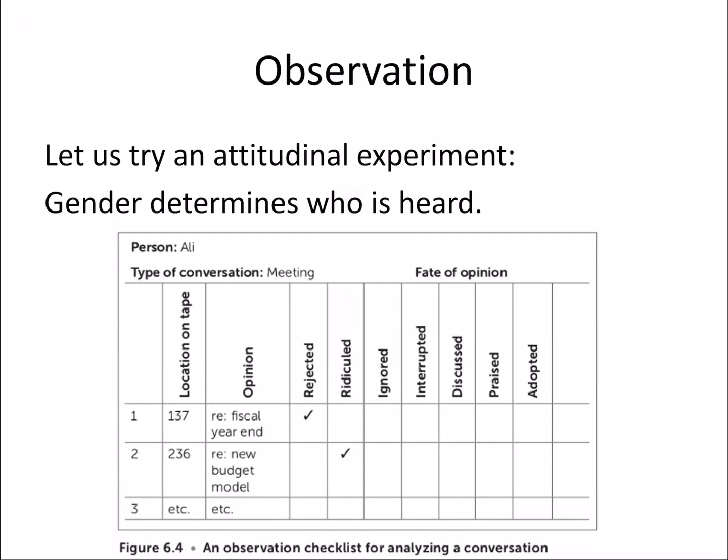This is a different kind of observation checklist. So you can observe conversations, you can observe classroom behavior, you can observe a bunch of things. And the variables obviously would be things like rejection, ridicule, being ignored, interrupted. These are all the variables. And you'd measure those variables by a yes or no, and it would be on the sheet.